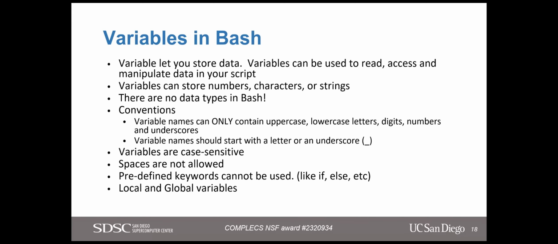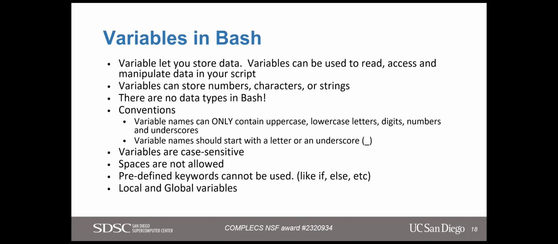Back to some conventions. Variable names can only contain uppercase, lowercase, digits, numbers, and underscores, but you cannot start a variable name with an underscore. Variables are case sensitive, so Nicole with a capital N and nicole with a lowercase n are completely different, and spaces are not allowed. As I mentioned, spaces in shell script are interpreted as something, and I'll give you an example in a few slides from now.